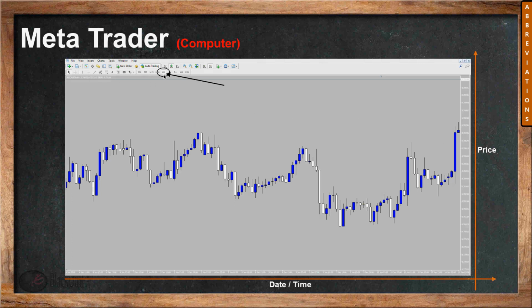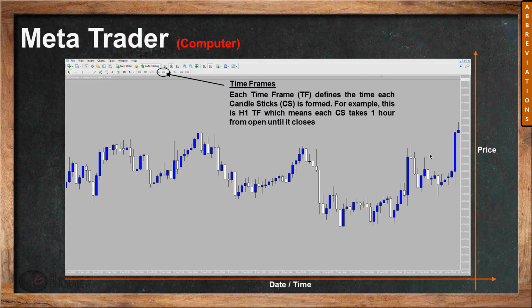Over here on the top we have the time frame. For example, this is an H1 time frame. Each time frame defines how long a candle takes to form. If we're looking at the H1 time frame, then each of these candles is formed within an hour.